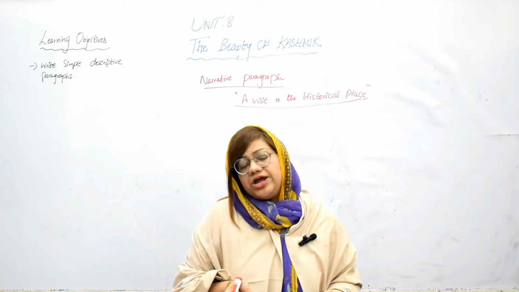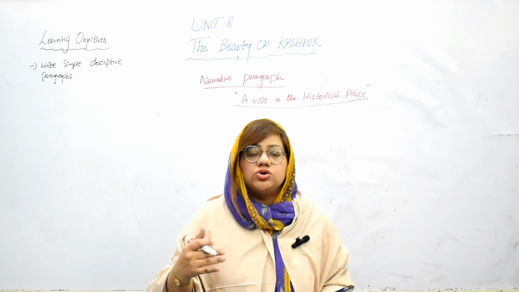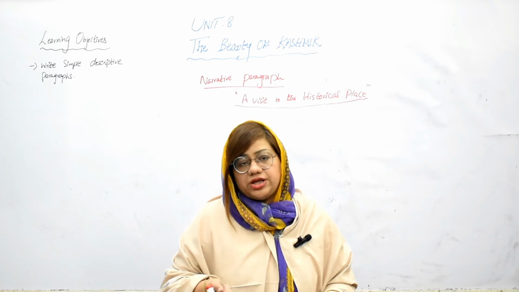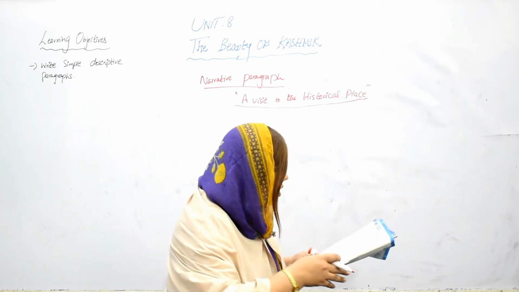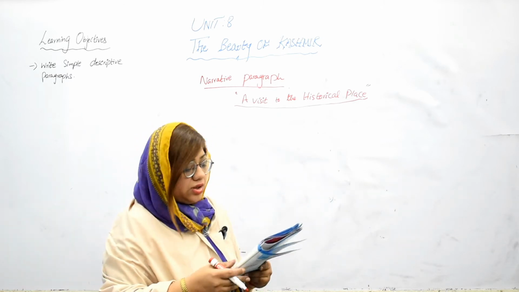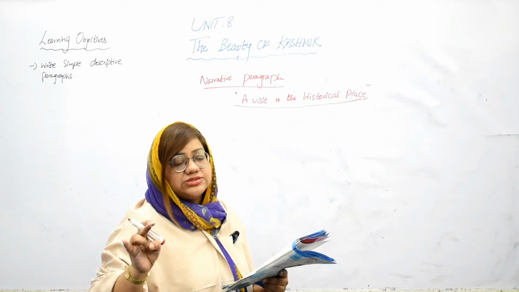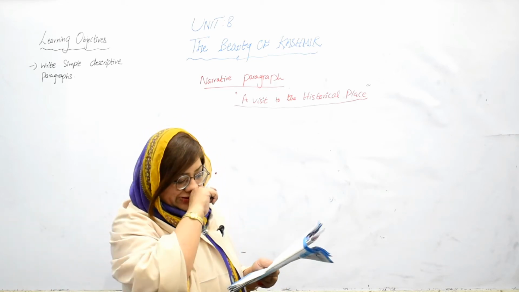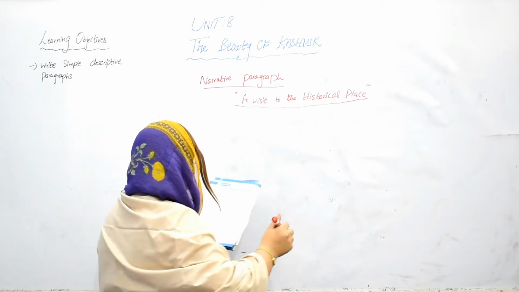Write in your own words, and have it checked by your parents or your teacher, so you have a better idea about it. So I'm writing here, for example, we know that you need a plot, settings, characters, conflicts, and the theme. Obviously, the theme is a visit to a historical place.